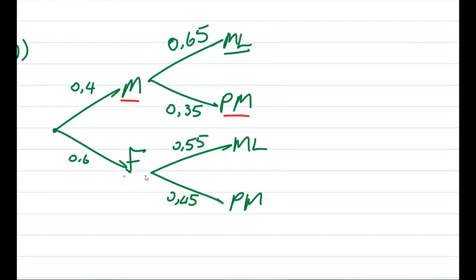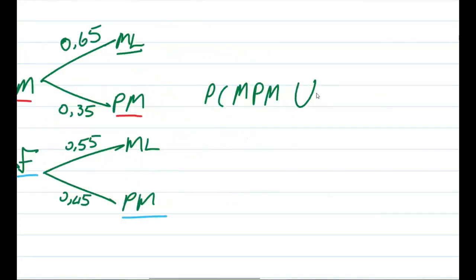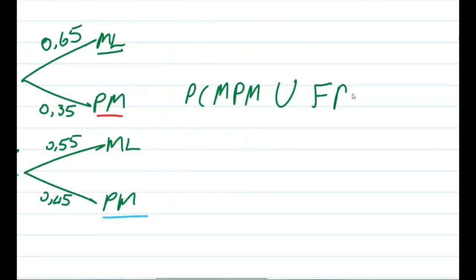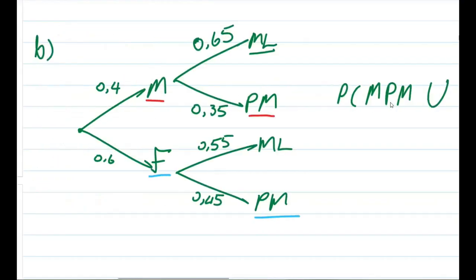A female who does pure mathematics. Yes, so that's our or situation. We are going to work out the probability of male and pure mathematics or female and pure mathematics. And again, what does or mean? Addition. So let's go.